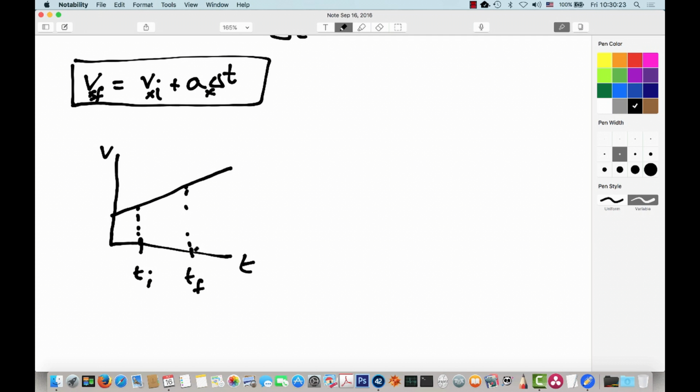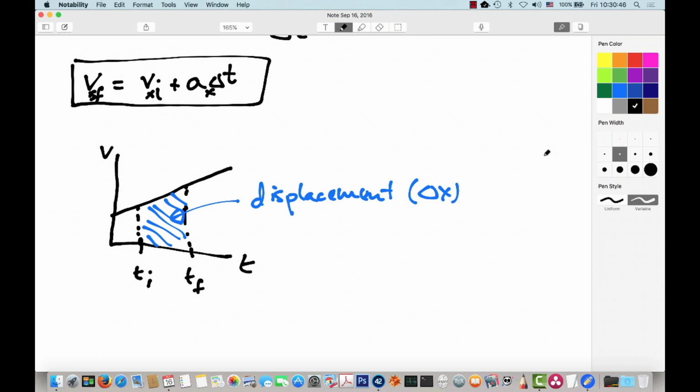All right, so we've already seen that this area right here that I'm cross-hatching in blue is the displacement, delta x.